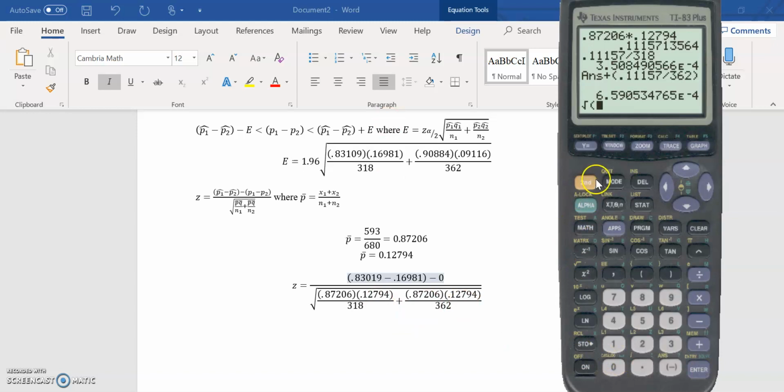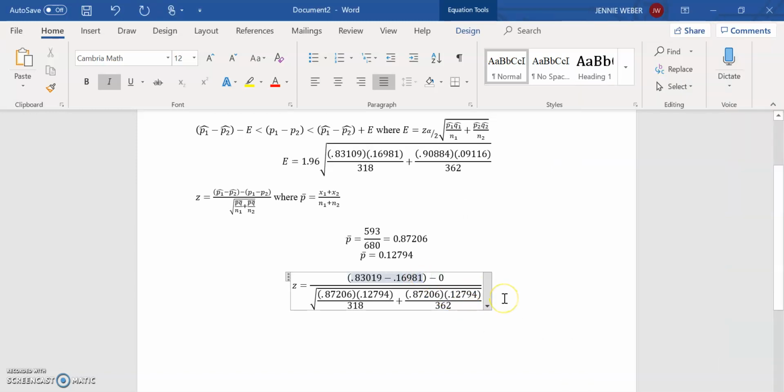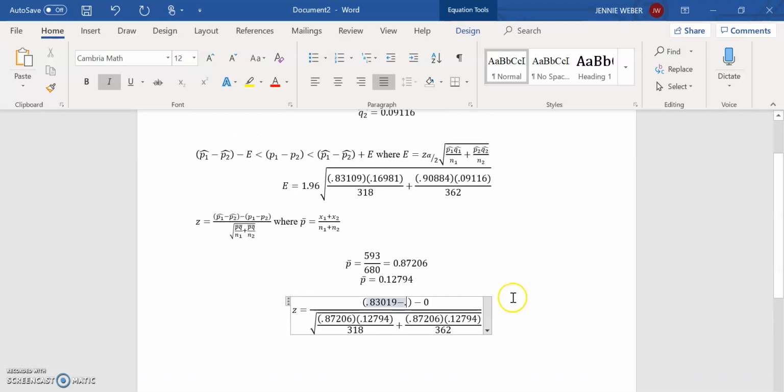Then I'm going to take the square root. Then I'm going to do this minus. Now I have this from above, but if you didn't, I would do parenthesis 0.83019 minus point, oh, and I plugged this in wrong.